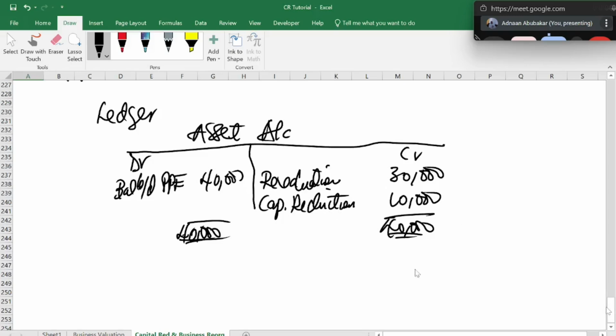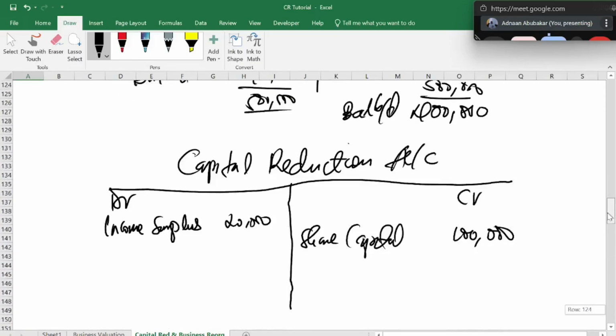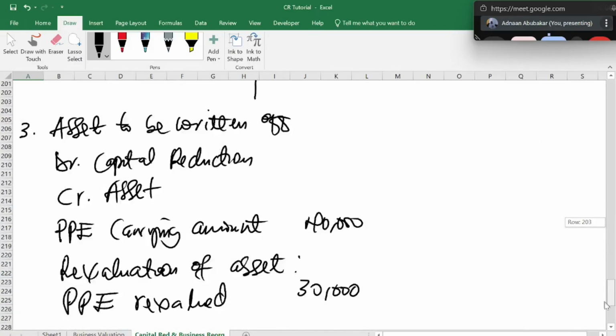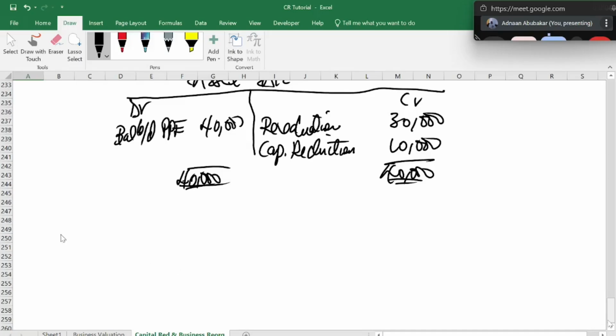So here you see that the capital reduction is at the credit side. So when you go to the capital reduction account, it will be at the debit side. So this one is assets or PPE, which is 10,000. Right? Okay. So that is another example.